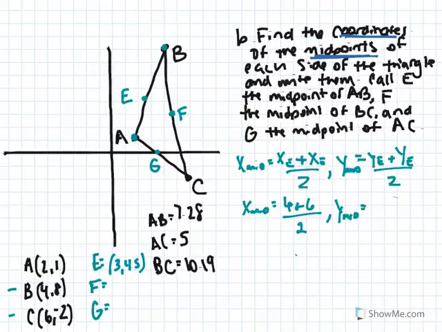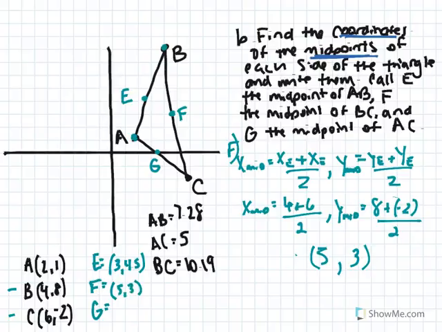Y midpoint equals Y endpoint 8 plus Y endpoint negative 2 all over 2. I have 8 minus 2 is 6 divided by 2, Y equals 3. I have 4 plus 6 is 10 divided by 2 equals 5. I have F equals 5, 3. Does that make sense? 1, 2, 3, 4, 5. 1, 2, 3. Yeah, it's hand drawn, so good enough.